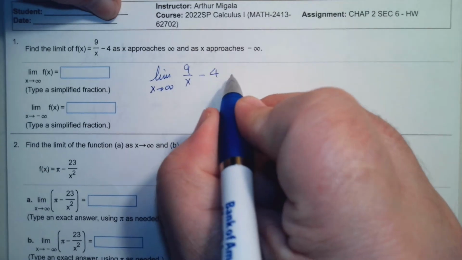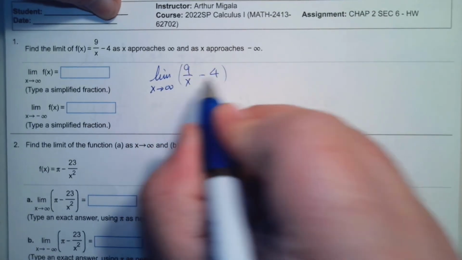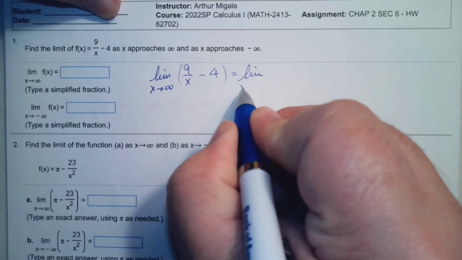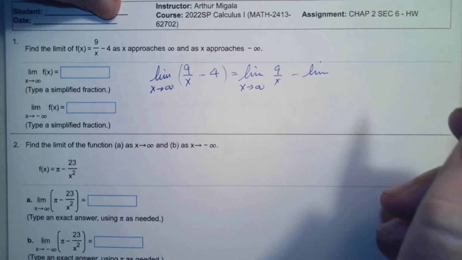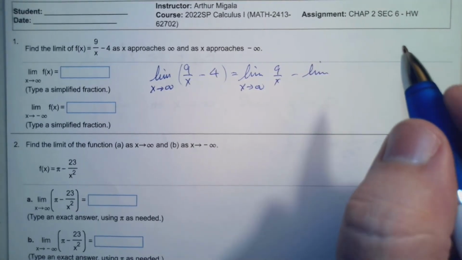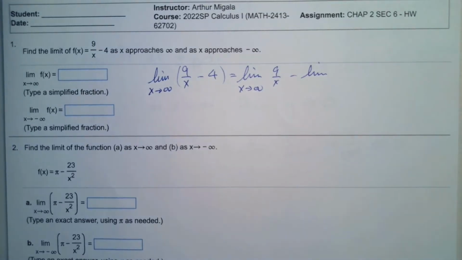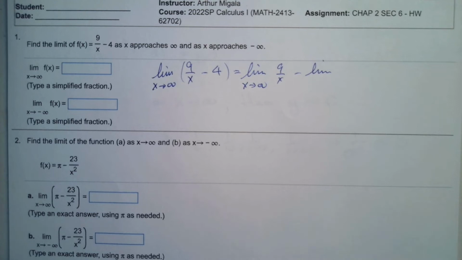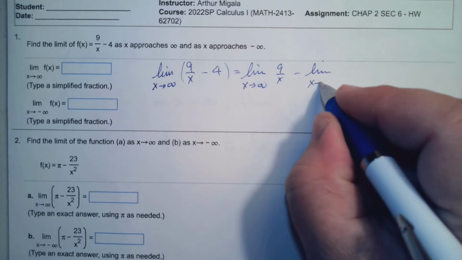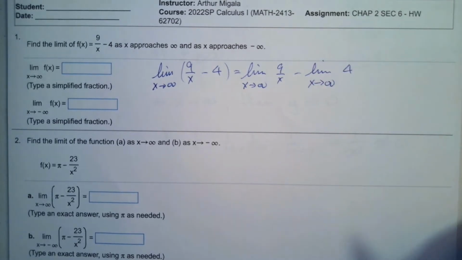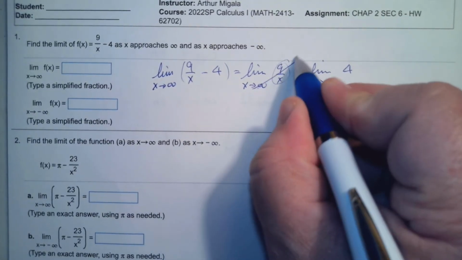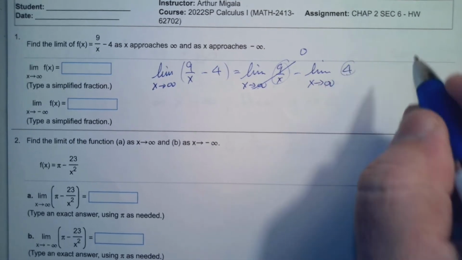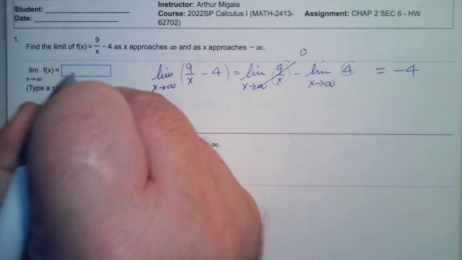We could split this up: the limit as x goes to infinity of 9 over x, minus the limit as x approaches infinity of 4. This is a constant. So as x goes to infinity, this one goes to 0. This one, no matter what, stays at 4. So the answer is negative 4.